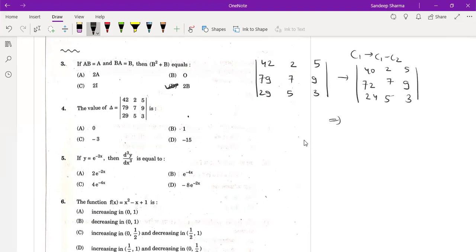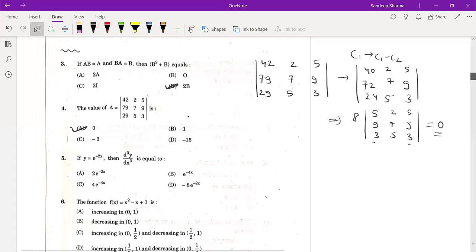Now from the first column, I can take out 8 common. So 8 5s are 40, 8 9s are 72, and 8 3s are 24. So it is 5, 9, 3, then 2, 7, 5, and the last column is 5, 9 and 3. What we can say is the first and third columns are both the same. So its determinant will be 0. Option A should be correct here.